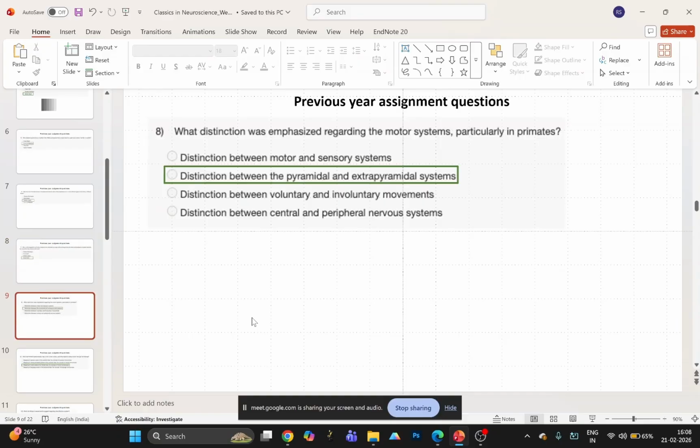Next, what distinction was emphasized regarding the motor systems, particularly in primates? Okay, so the distinction between pyramidal and extrapyramidal systems was emphasized. What do we mean by pyramidal and extrapyramidal systems?